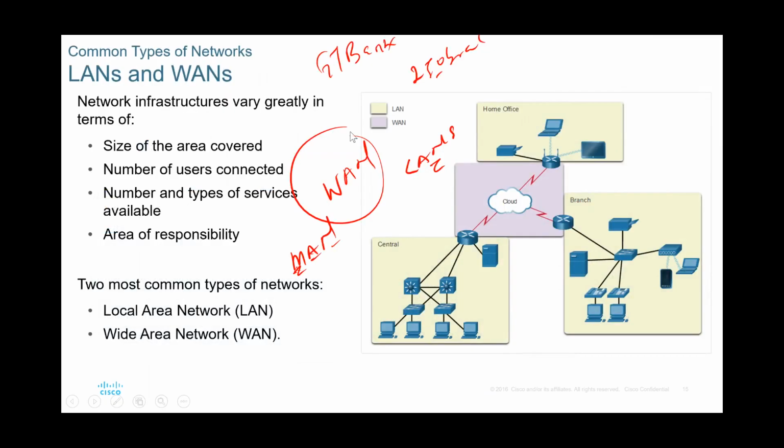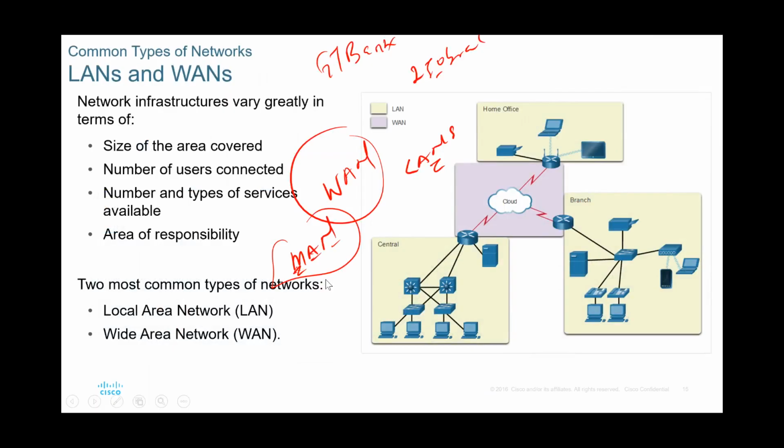I still like to go back to these banks again. Some banks in a city have a main branch and other branches in the same city. And those branches will be connected to the main branch. That will create what we call Metropolitan Area Network.